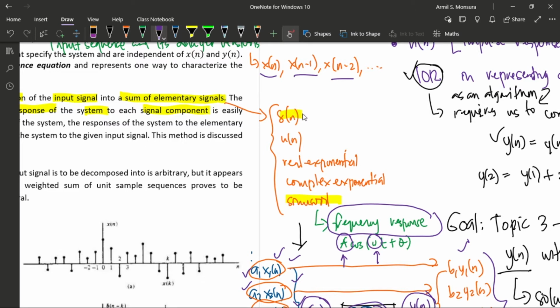Okay? So, dito tayo ngayon sa delta n. Delta n is the impulse sequence or the unit sample sequence.